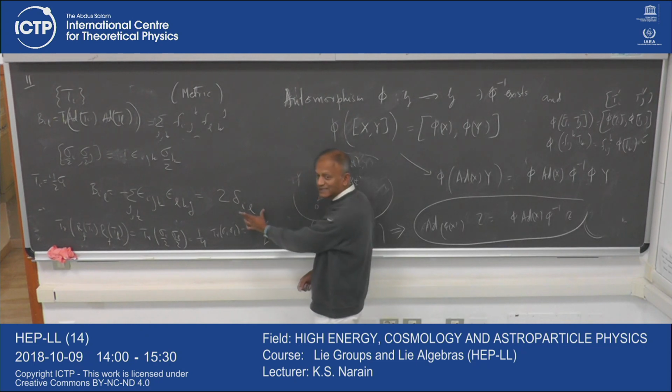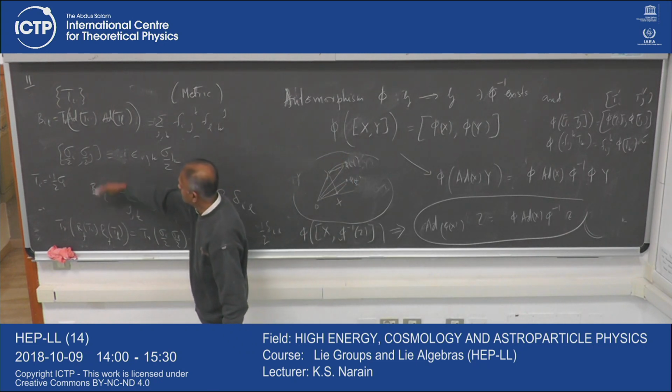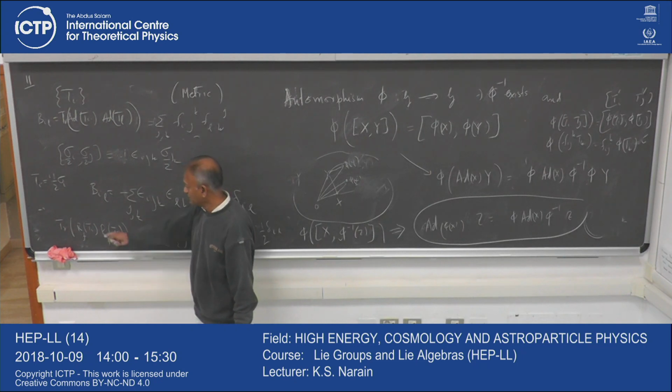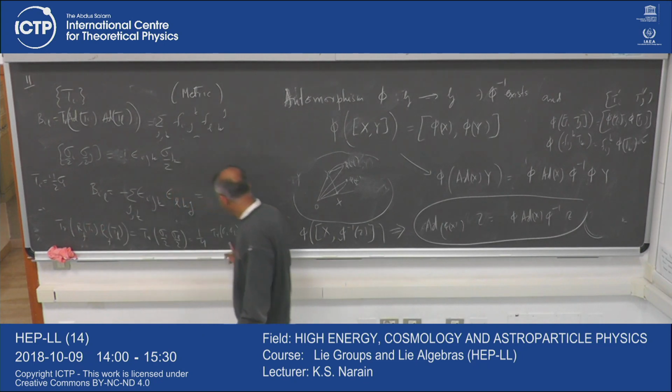The metric is proportional to delta IL. That doesn't change whether you use the adjoint representation, or the defining representation, or you had computed this trace in a different representation. For example, this was spin half. If you use some spin J representation, you will get again another number here.